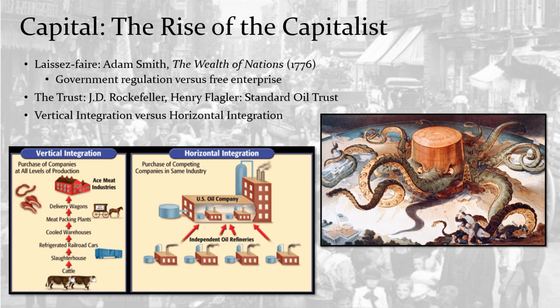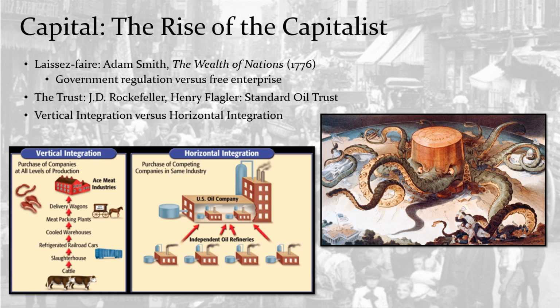Vertical integration is basically buying up all of the steps to produce the final good, from the creation of the raw materials all the way through to the finished product and to the marketplace. Carnegie is a great example of this.